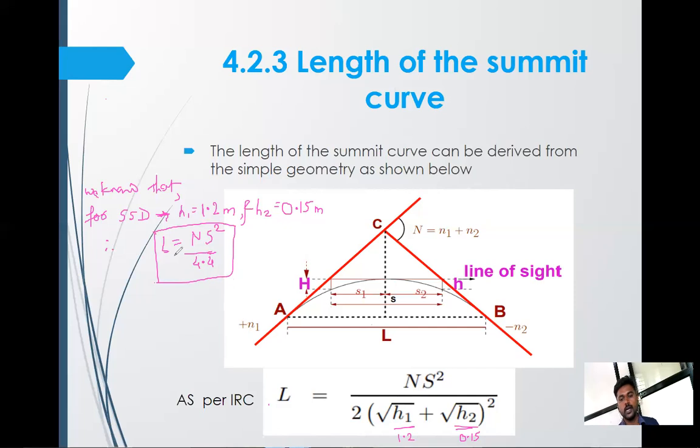So write down this formula for SSD: length of summit curve L is equal to N S square divided by 4.4. We have to solve the problems using this formula.